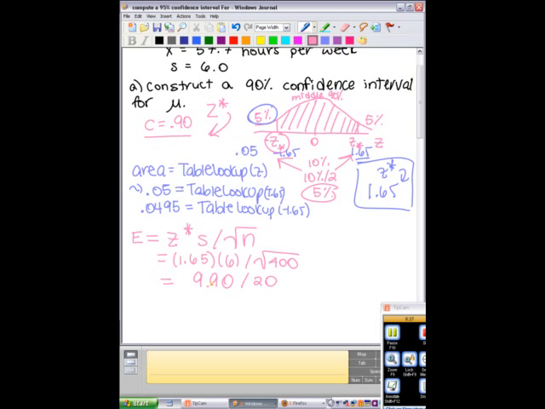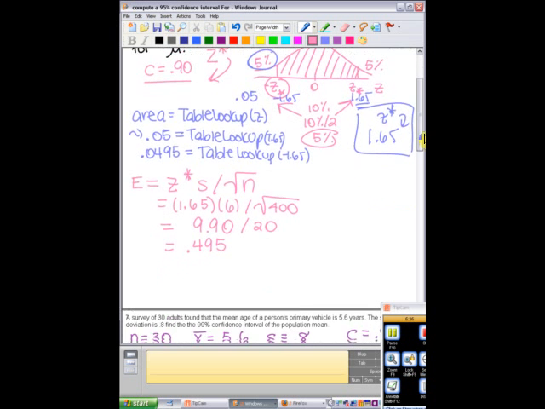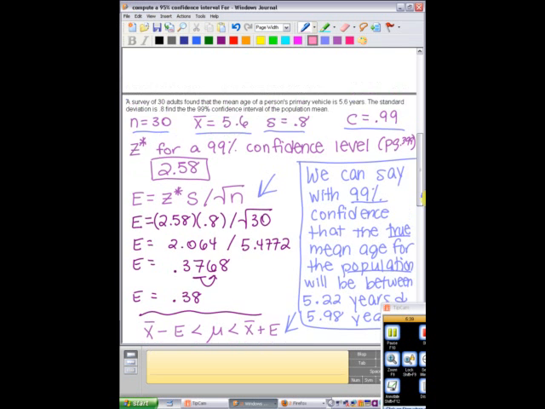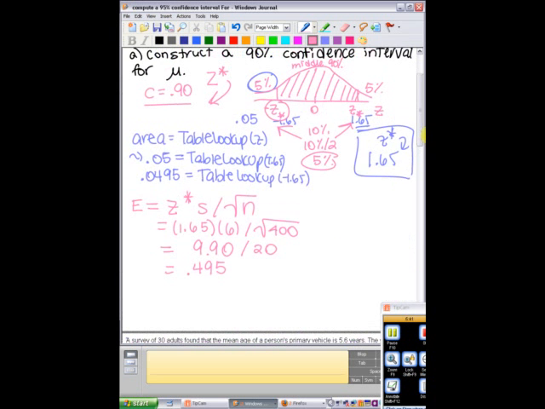I got 0.495. And for error, as you see from the previous problem, we try to get 2 decimal places, so we all will have the same answer. So that means we would have 0.50 or 0.5 as our error.